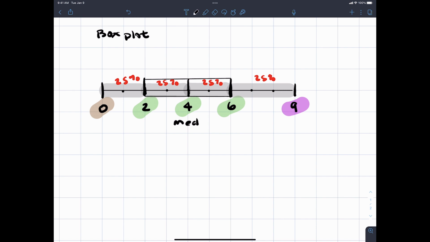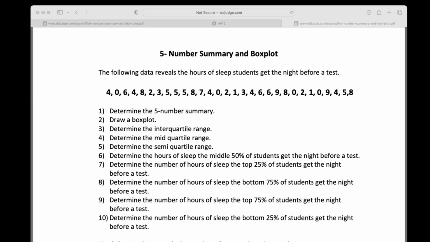Now, if I go back and look at some of those questions that were on that worksheet in the browser, or even in this other page here, right? We did 1 and 2. We did the 5-number summary, and that helps us draw the box plot. Now, we have 3 definitions here. What's the first definition?